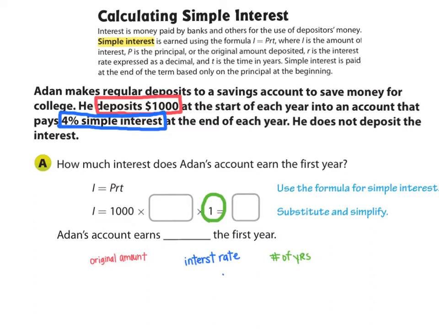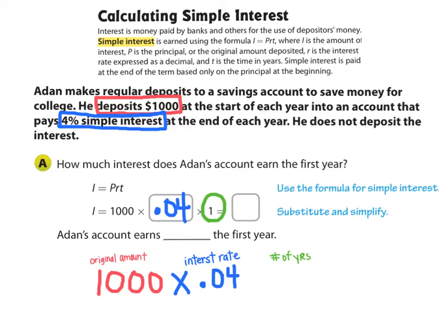The original amount has been listed out for us, but if I was typing this in my calculator, I would type 1,000. Then the next letters are, and it has no symbol in between, so that means times. We also said your interest rate has to be a decimal. We can't keep it as a percent. So I'm typing everything in on my calculator.